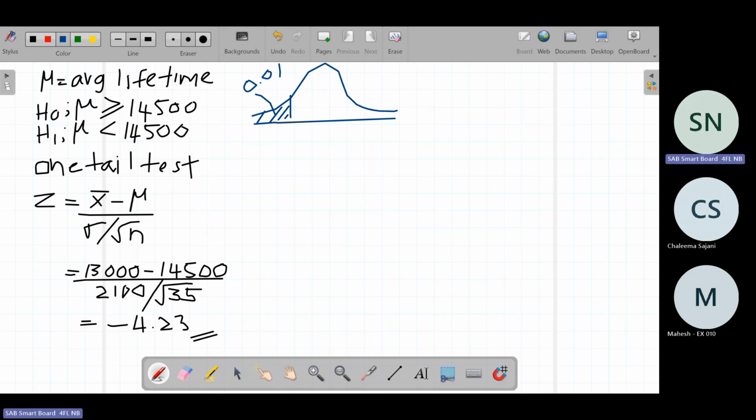Now you need to calculate the critical value. Before that, divide the whole into two, so this side is 0.5. Then you need to remove 1% from it, which gives 0.4900. Then find the critical value using this table.